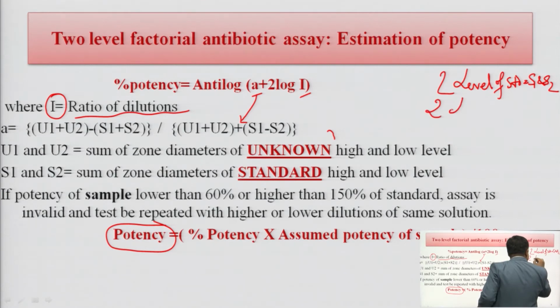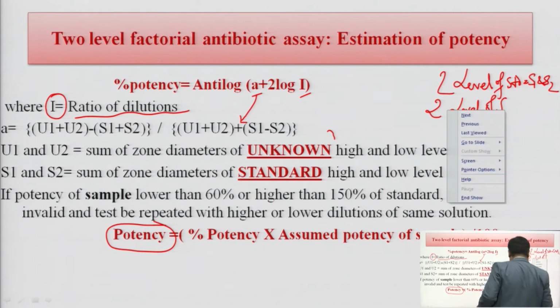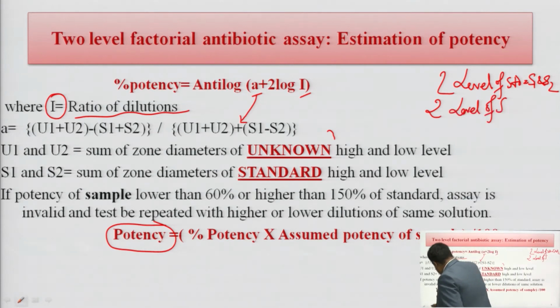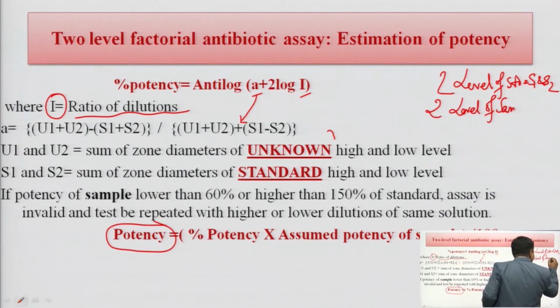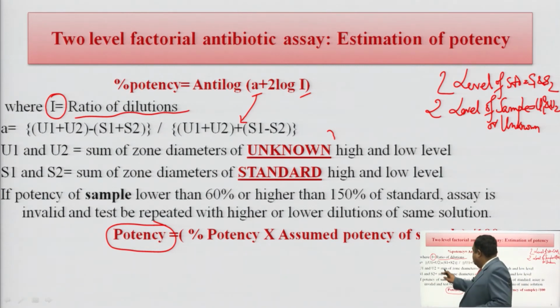You have also taken two levels of sample or unknown, U1 and U2. So, U1 and U2 are the zone diameter of U stands for unknown, unknown high and unknown low. S1 and S2 are the zone diameter of standard high and standard low.